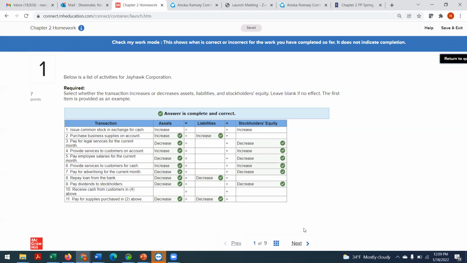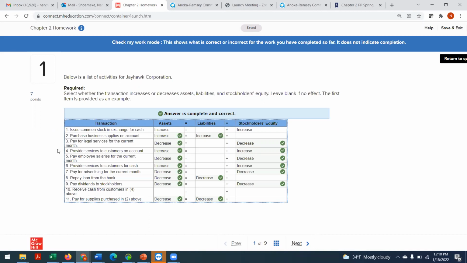Could you go over why number 10 is the way it is again? Absolutely. Number 10 is related to number 4. Number 4 says, provide services to customers on account.